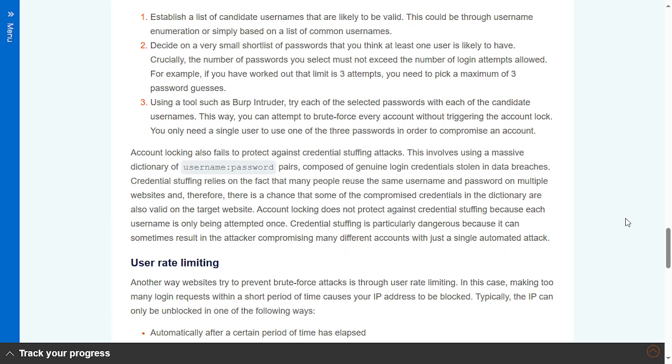Account locking does not protect against credential stuffing because each username is only being attempted once. Credential stuffing is particularly dangerous because it can result in the attacker compromising many different accounts with just a single automated attack.